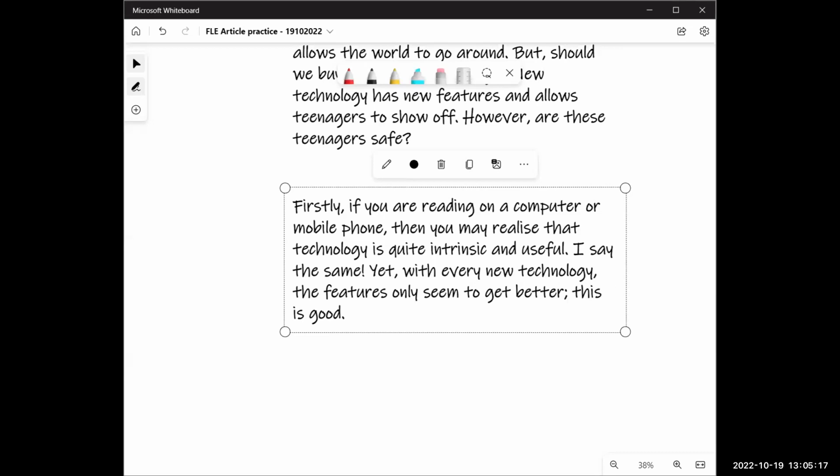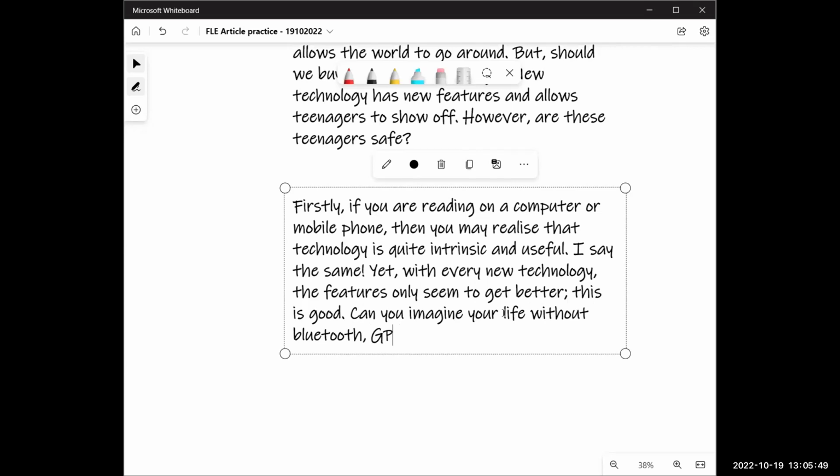So there are many features in technology these days. Like many have Bluetooth, Google Assistant. Okay, perfect. One more. And mobile data, 4G, 5G. So I'll say, can you imagine your life without Bluetooth, GPS navigation, or 4G mobile data?